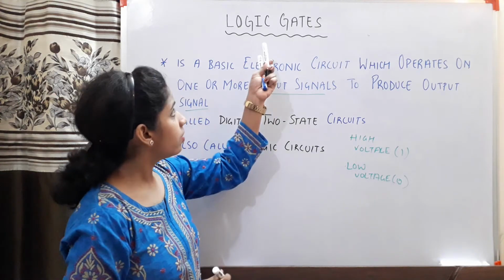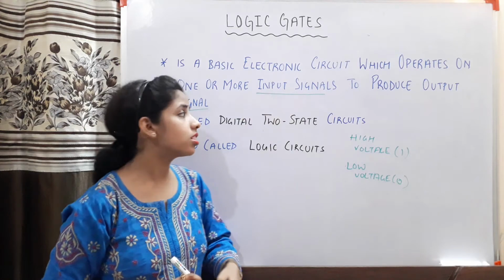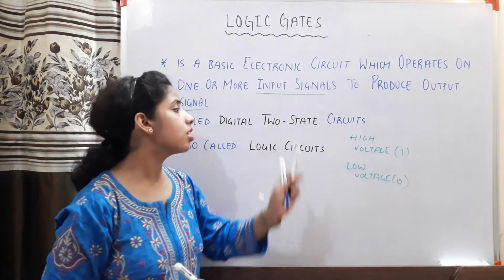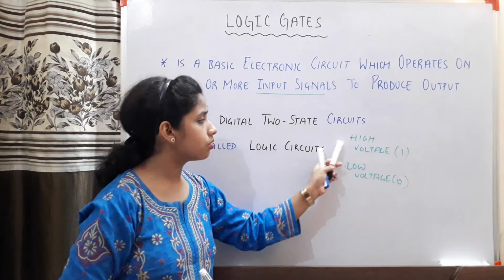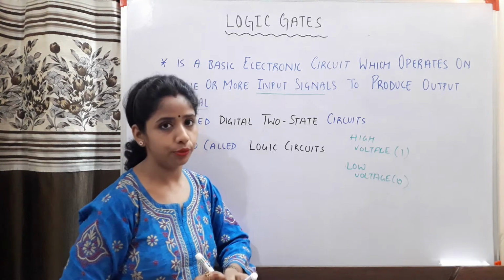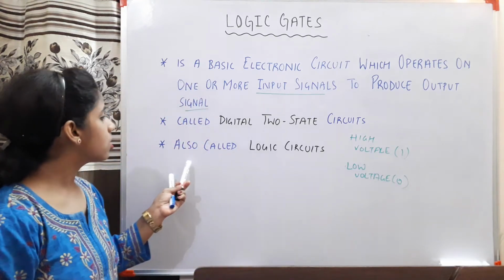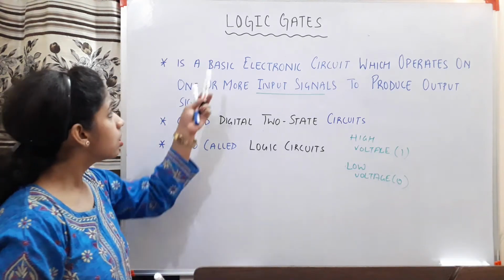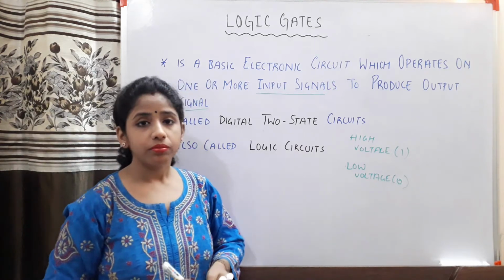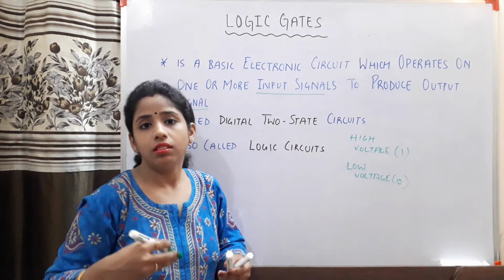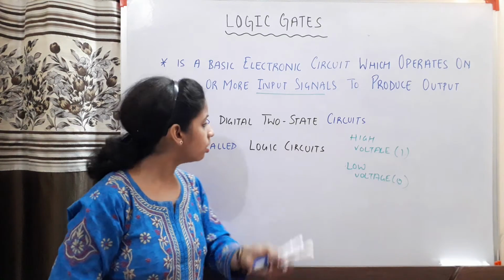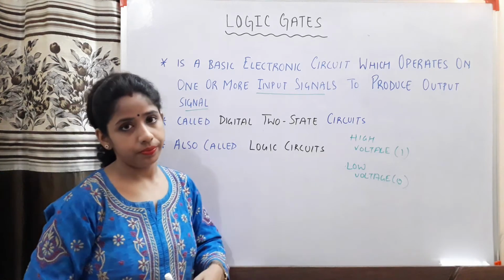So these logic gates are two-state circuits, meaning the input and output signals will be in the form of high voltage or low voltage, which is the same as 1 and 0. Then these logic gates are also called logic circuits because they can analyze Boolean logic. So that is why they are called logic circuits.